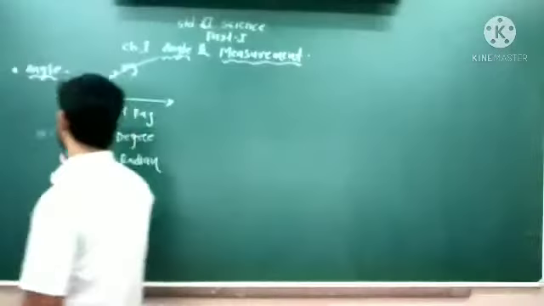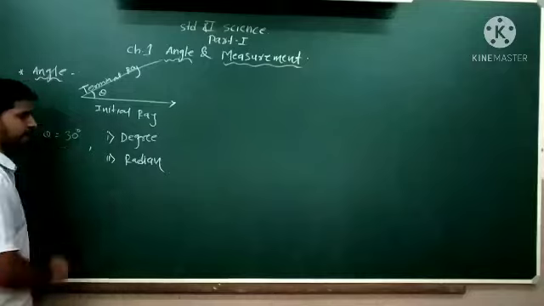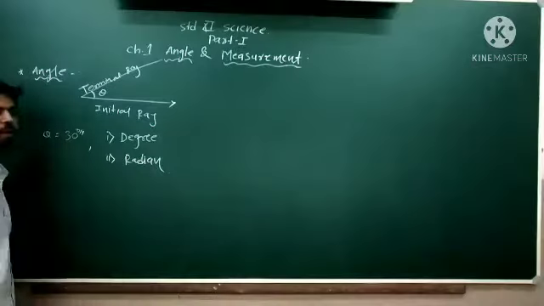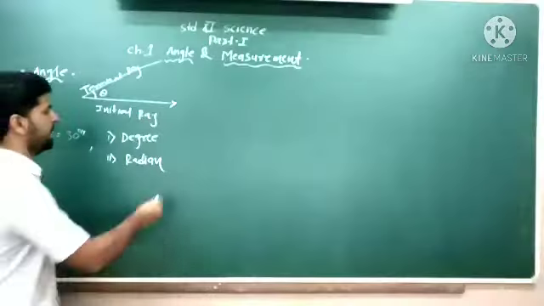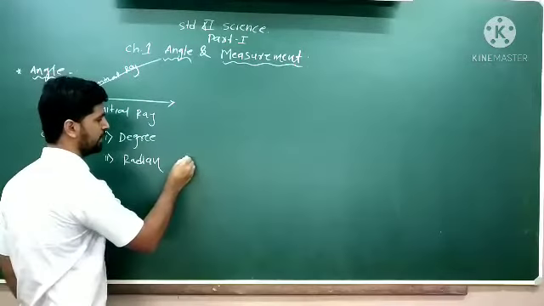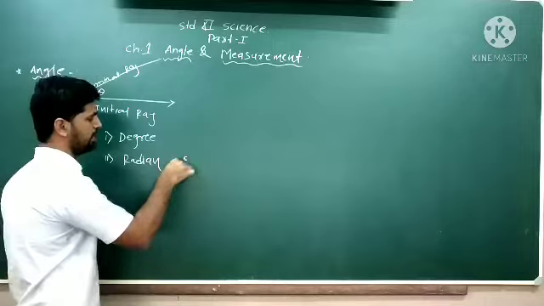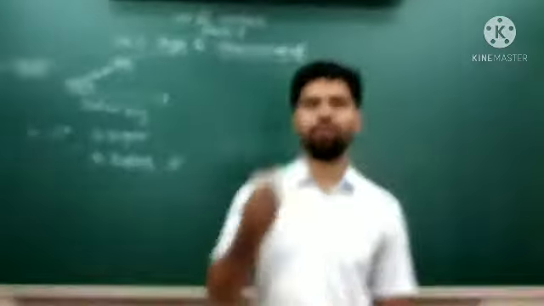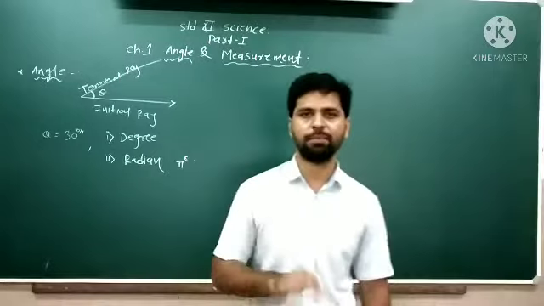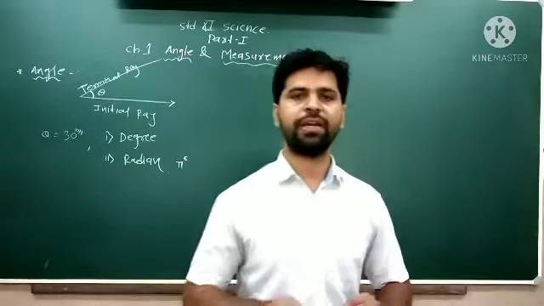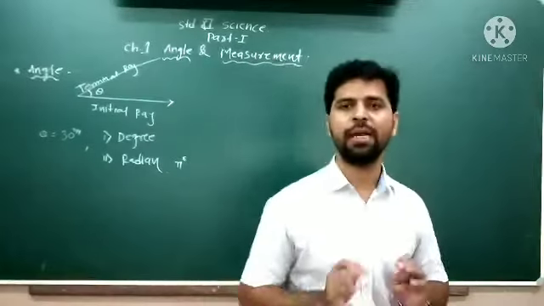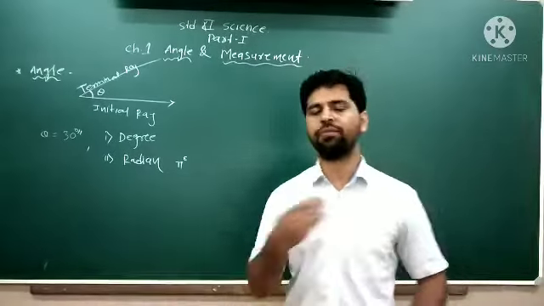So this 30 degree is in degree, and like degree has the power 0 sign, radian has the power c, like this c, or pi c, like this. But can we write degrees into radian and radian into degrees? Yes, it is possible. We can convert any degree angle into radian and any radian angle into degrees. How to do that, we are going to see later.